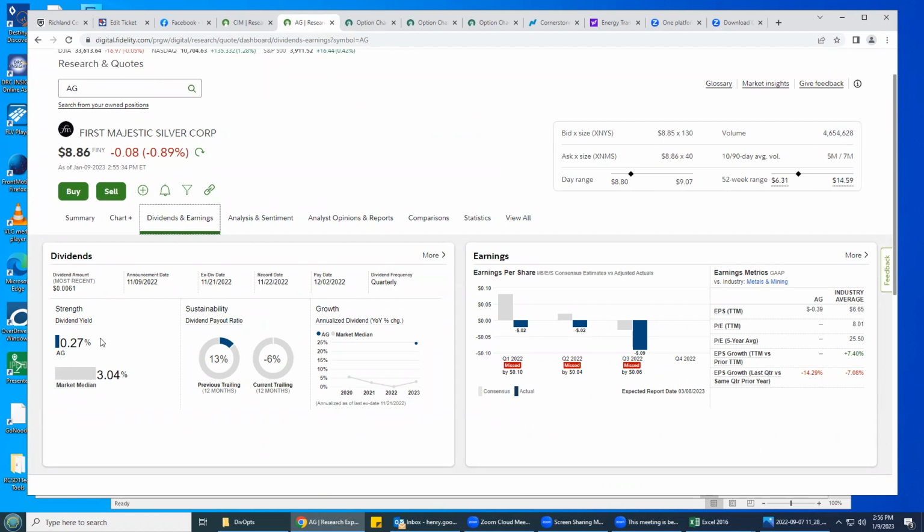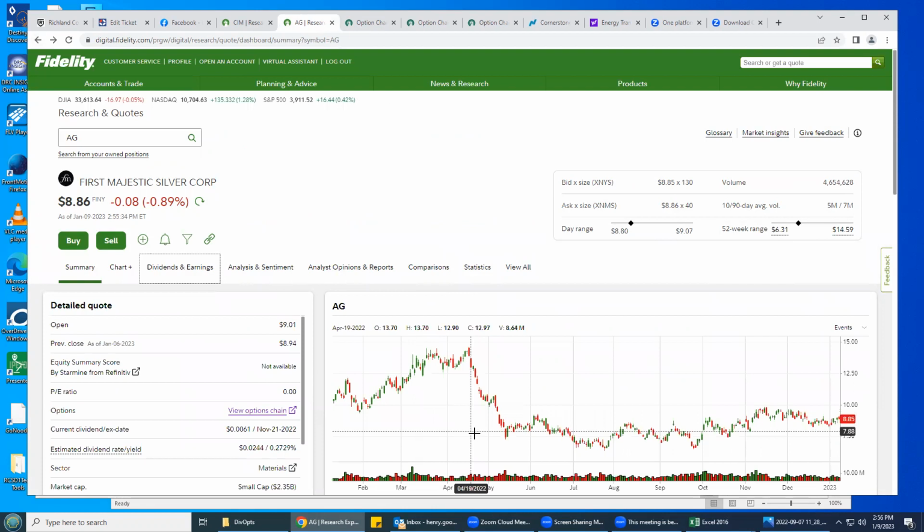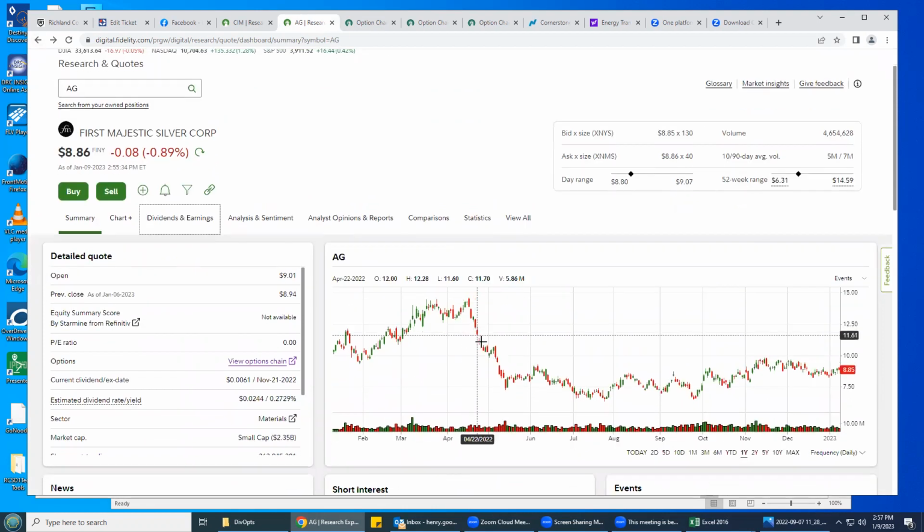So for me, I would not entertain this stock. Even if the option was good, I wouldn't be buying it for the dividend. If it's only paying that, then this stock should have had a long-term chart that was more upward. So that's the kind of stuff to look at.